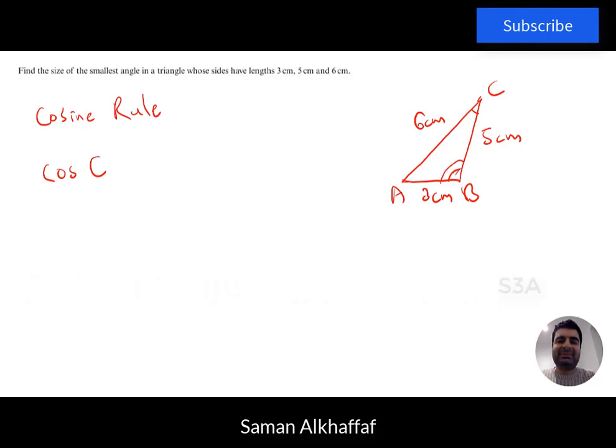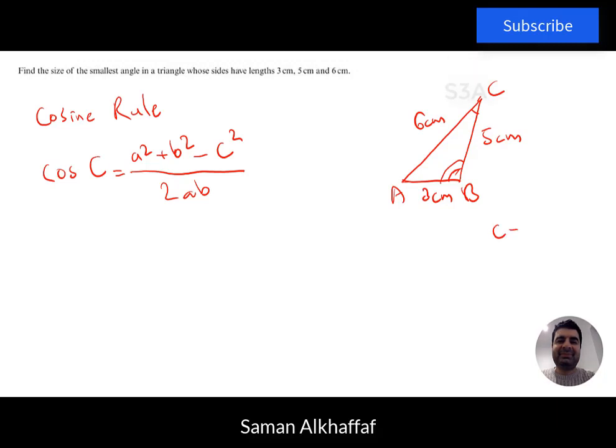So for us to find this angle, cosine C equals a squared plus b squared minus c squared all over 2ab. Now we will need to assign the values in this scenario. The 3 is assigned as c squared.